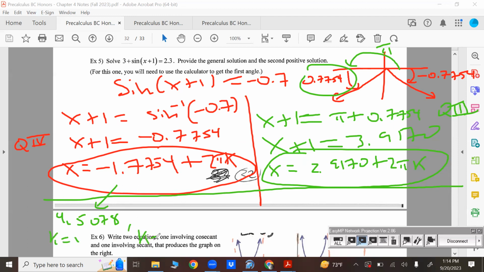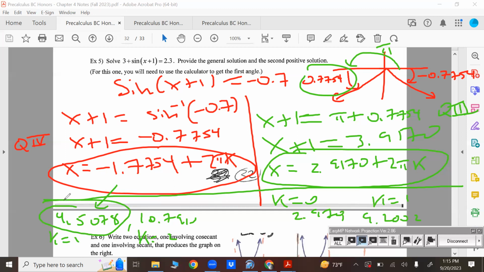And when k is 2, you get 10.7910. Just trust me, I have my notes here. For this one, when k is 0, what do you get? 2.970. And when k is 1, what do you get? 9.2002. So the first positive solution is 2.970. The second positive solution is 4.5078. So that's your second positive solution.